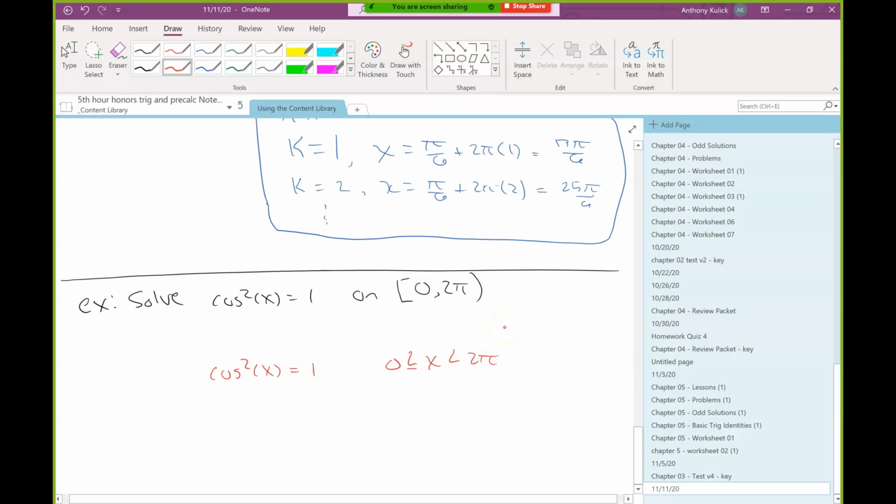So again, to solve cosine squared x is equal to 1, I want to get the x part by itself. So what would I need to do first? I'm sorry, you mumbled kind of quietly and there's a mask and I just couldn't really hear what you said. Okay, so cosine squared is an operation.